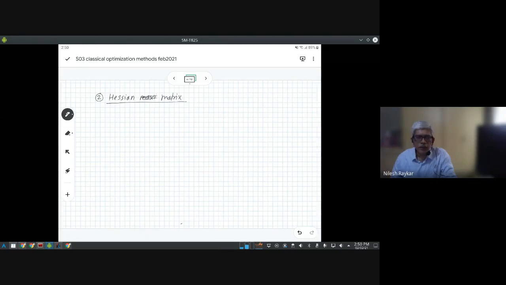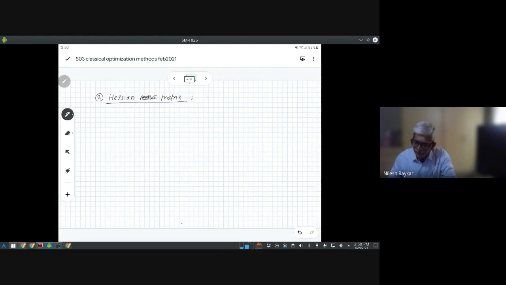Similar to univariate, where you have f dash equal to 0, here the gradient vector must be a 0 vector. And where we have f double dash greater than 0 or less than 0, you have something similar corresponding to the Hessian matrix. The Hessian matrix is obtained by differentiating the gradient vector once again.